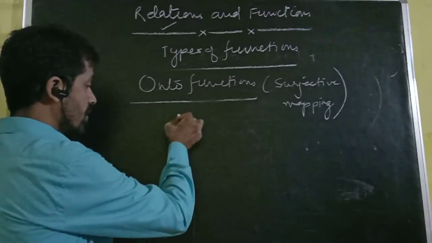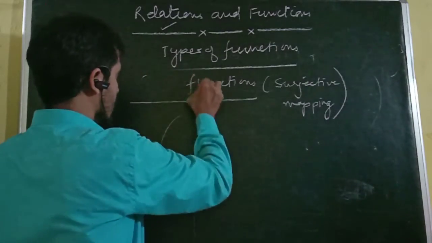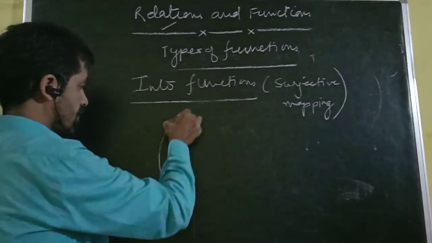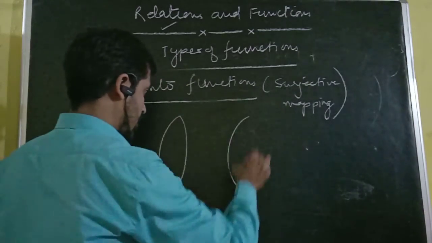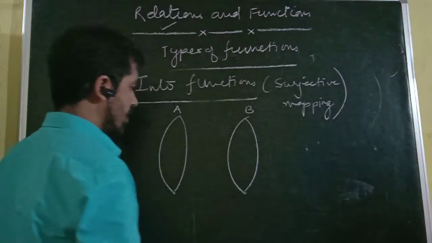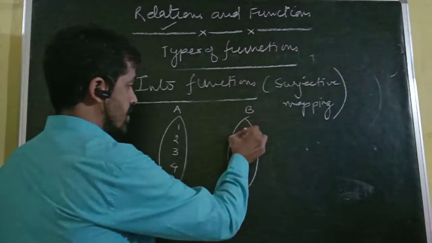For into function, the next type is into mapping. For into functions, again we take the help of an arrow diagram. This makes the picture pretty clear to a large extent for the students.